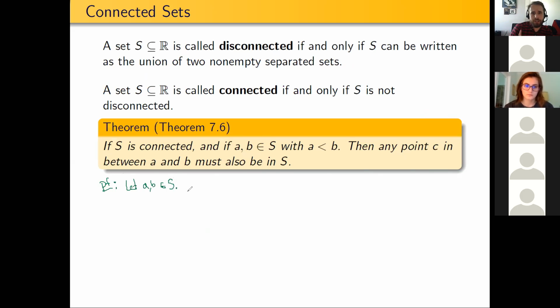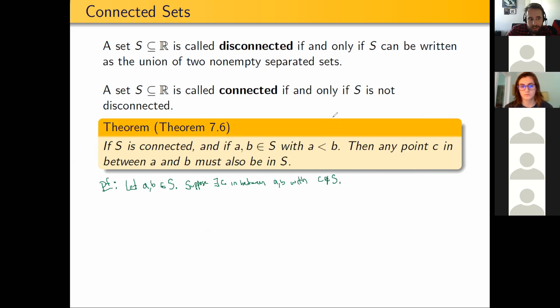Our strategy for this proof is going to go as follows. We are going to prove this by contradiction, right? So suppose there is an element C in between A and B, with C not an element of S. Right, so our proof is by contradiction.